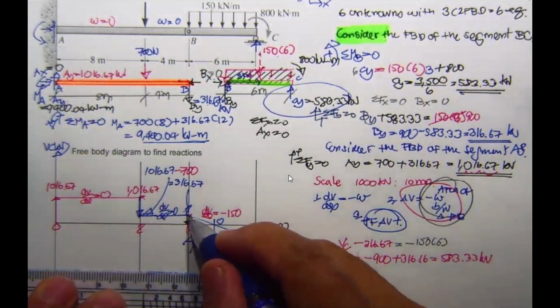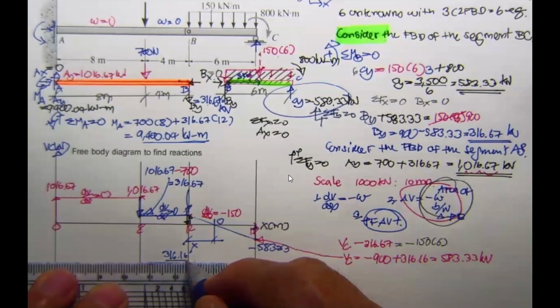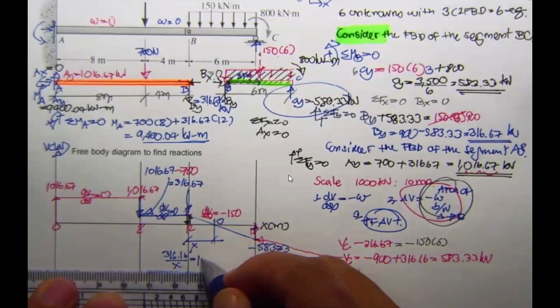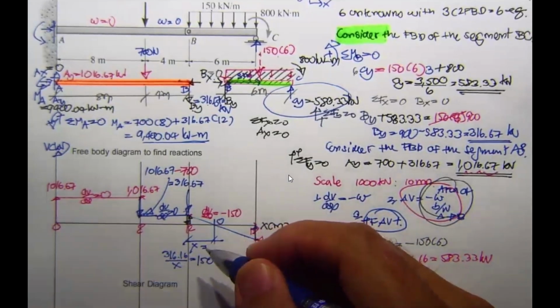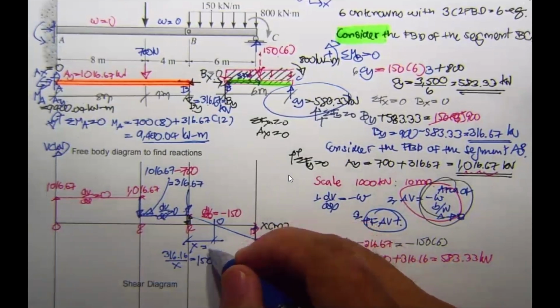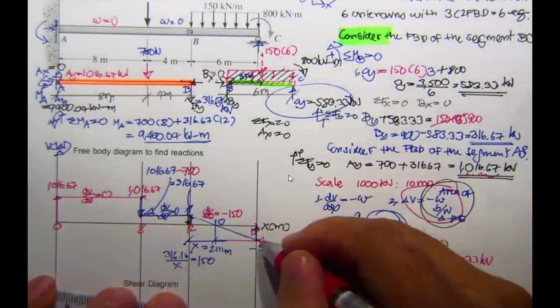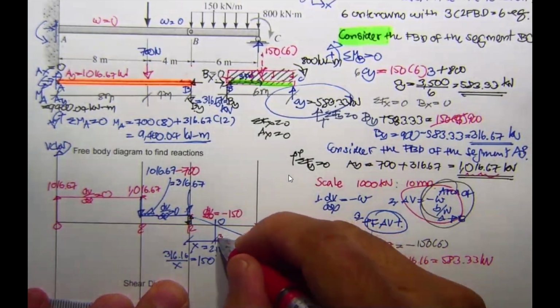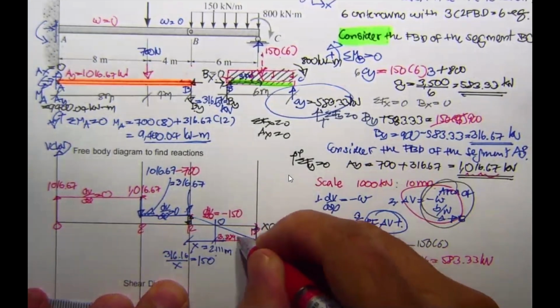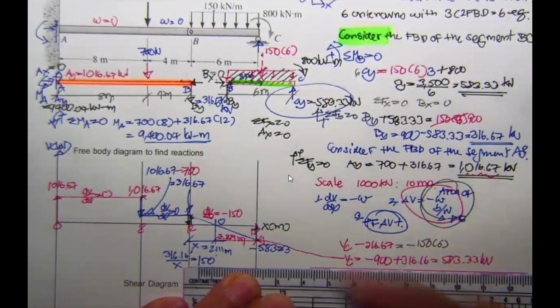For the slope, 316.67 divided by x equals 150, so x over here is 2.111 meter. For the other side, it's 6 minus 2.111, which is 3.889 meter. That's going to be your shear force diagram.